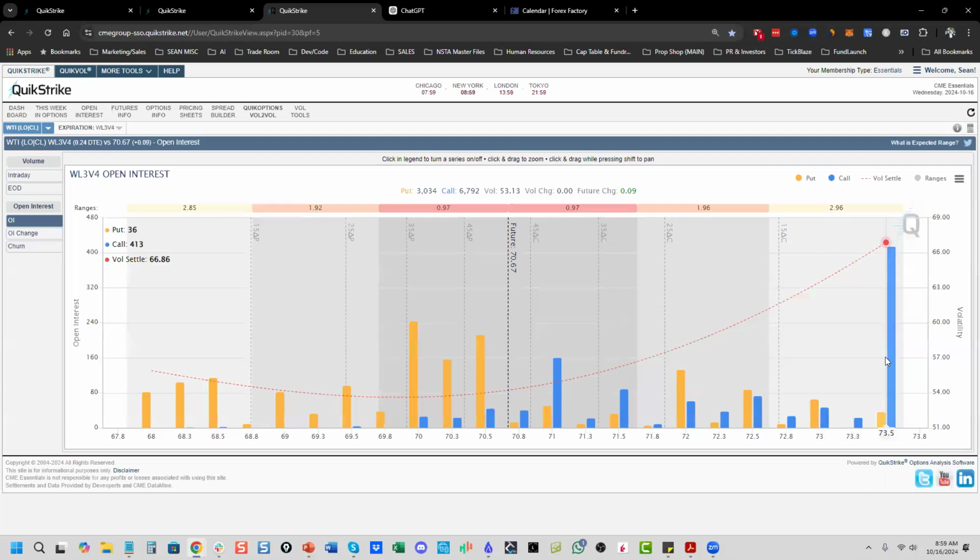Okay, or excuse me, calls, my mistake. The level of calls here, the blue, is a hell of a lot bigger than that of the puts, right? Makes sense. Calls are resistance, right?